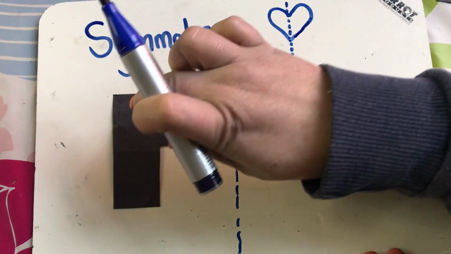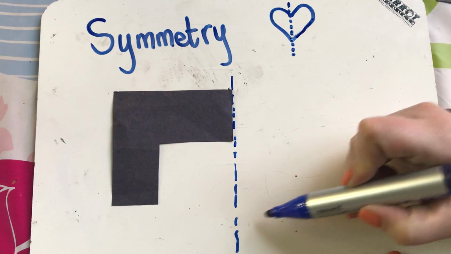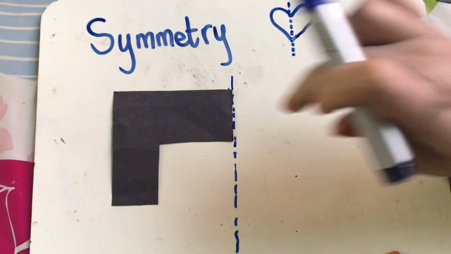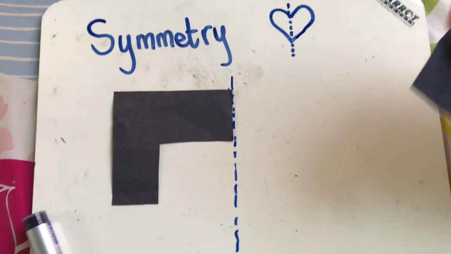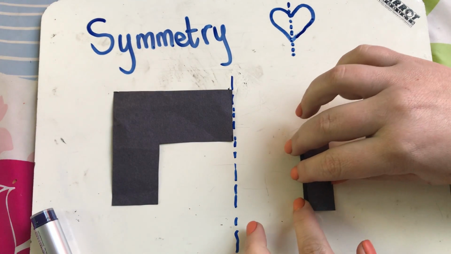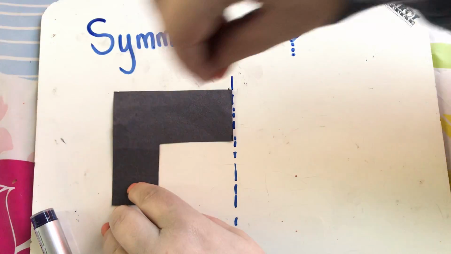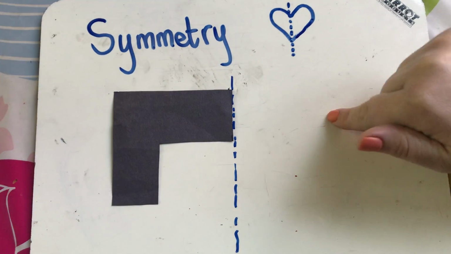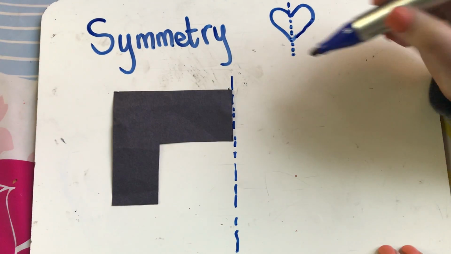Then what you have to do is you have to copy exactly this shape, but it's not going to look like this. You're not just going to repeat the shape on this side. It's as if I gave you this and I said, okay, fold it open and draw this side. So you are going to pretend like you have folded it open. What would it look like on this side, so that this is the line of symmetry?